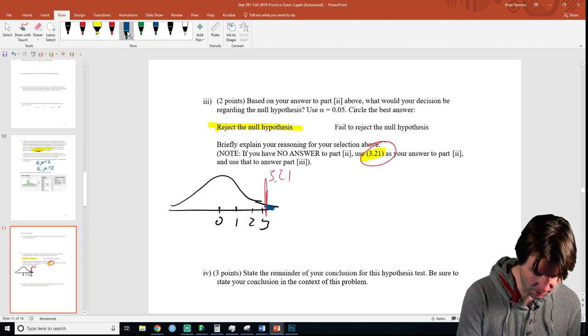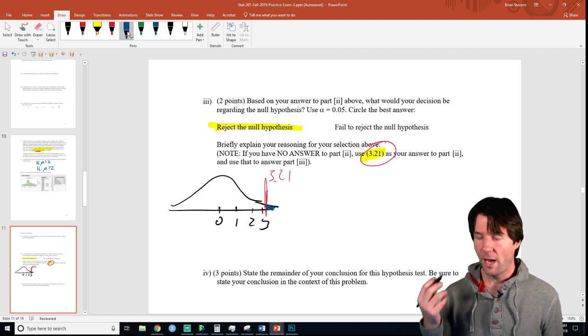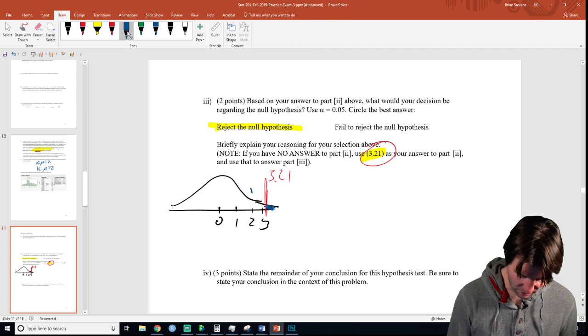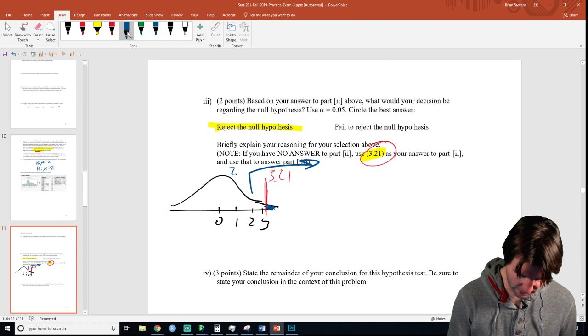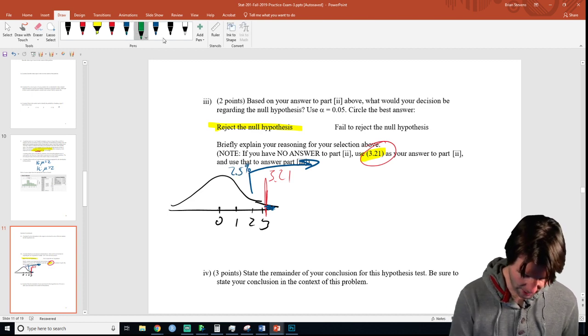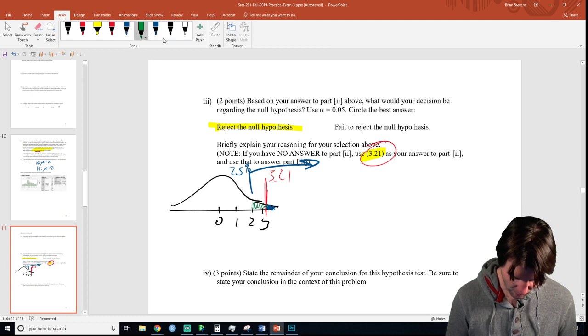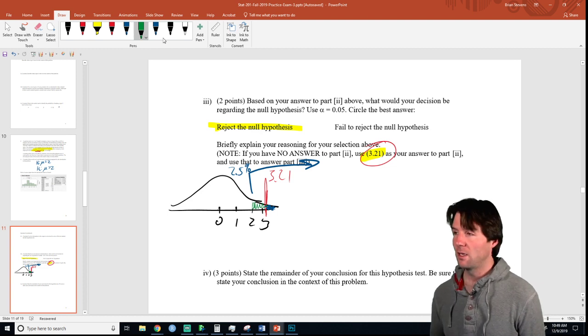Can anyone tell me on the normal curve how much area we would have above here? On the normal curve, that is 2.5%. Above there, this value above here is 2.5%. And if you notice, the p-value is much smaller than that.